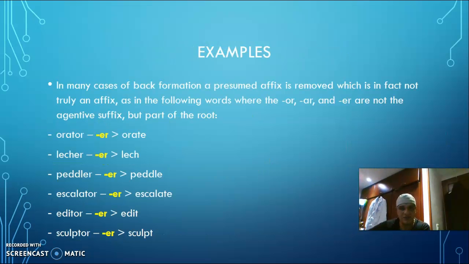In many cases of back formation, a presumed affix is removed, which is in fact not truly an affix, as in the following words where the or, ar, and er are not the agent suffix but part of the root, as in examples like orator, orate, lecture, lect, peddler, peddle, escalator, escalate, editor, edit, sculpture, sculpt.